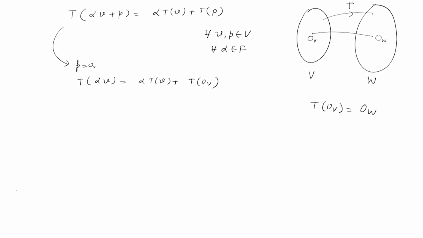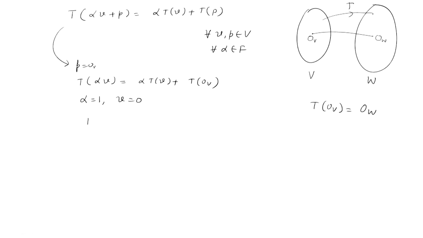Now, you take alpha equal to 1 and V equal to 0. Since it is true for every alpha and every V, it will be true for alpha equal to 1 and V equal to 0 also.